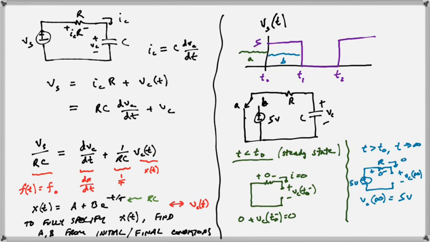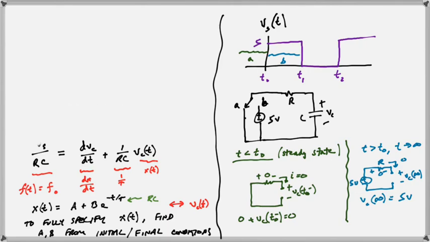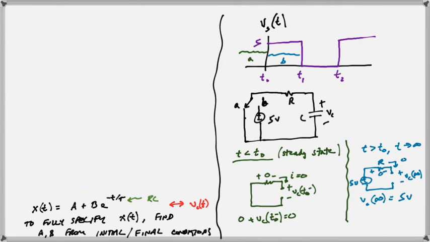Now we are going to plug in our general form. So I'm going to erase some of this. Just looking at this right here, we're going to say, all right, our general form is that Vc of t is A plus B e to the negative t over tau.